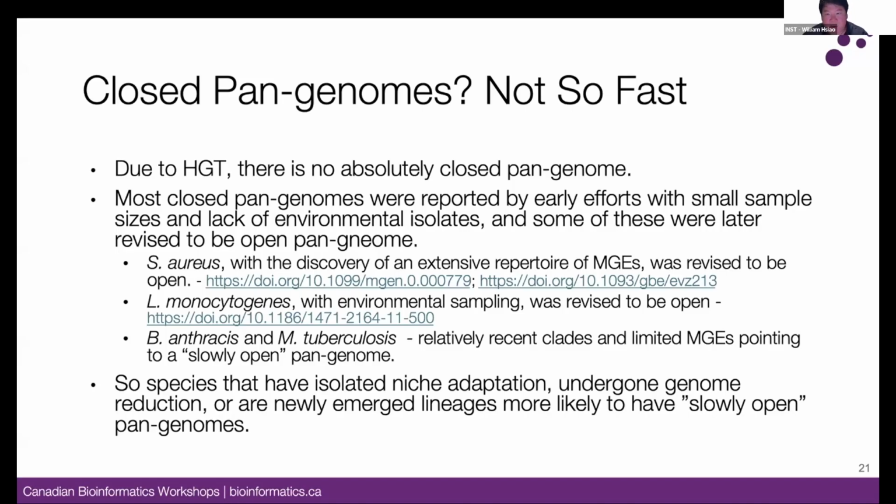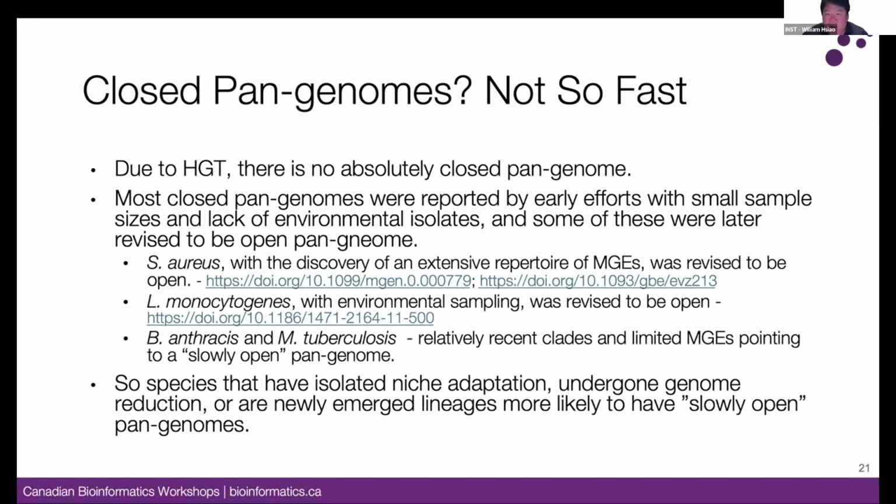So some of these examples include Staph aureus, which was discovered to have extensive repertoires of mobile genetic elements. So it was revised from closed to an open pangenome. Listeria monocytogenes, which you have come across in earlier modules, also was revised as environmental sampling of this pathogen identified new diverse set of genes that are part of this species repertoire.